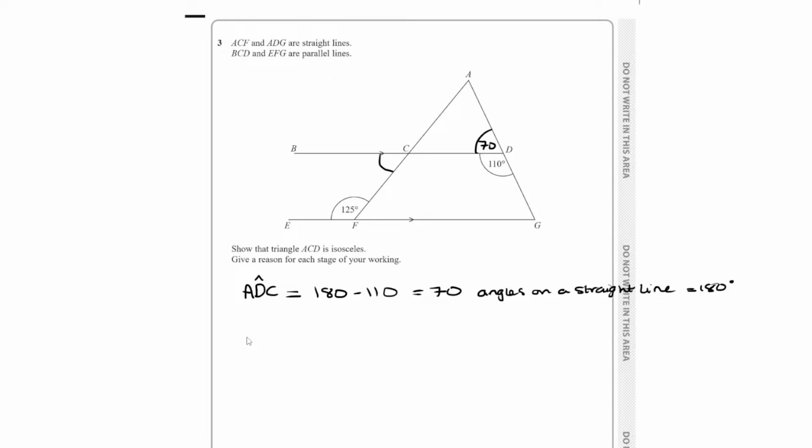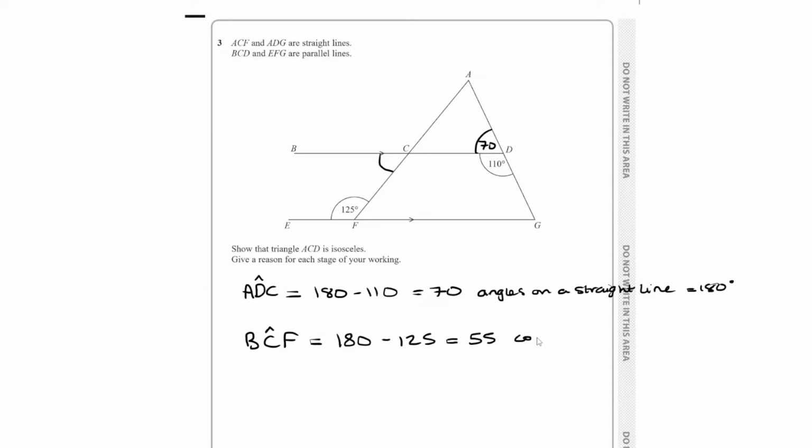BCF is 180 minus 125 because these are co-interior angles, or you might have learnt them as just interior angles. So that is 55 there.